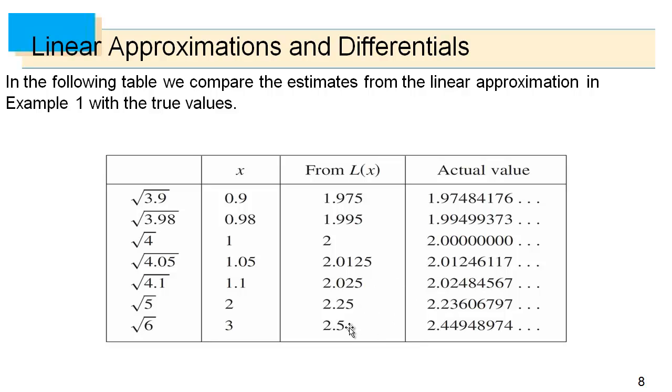When we get down to here, as we're getting further and further away from that a value of 1, you can see that it's now starting to deviate quite a bit. There's quite a big difference between 2.5 and 2.449. If we rounded, maybe 2.45, we're still off by 5/100ths. That could potentially be a big difference. It just depends on the application and how close we want to be.